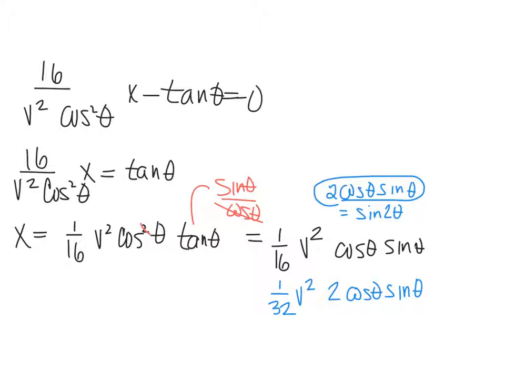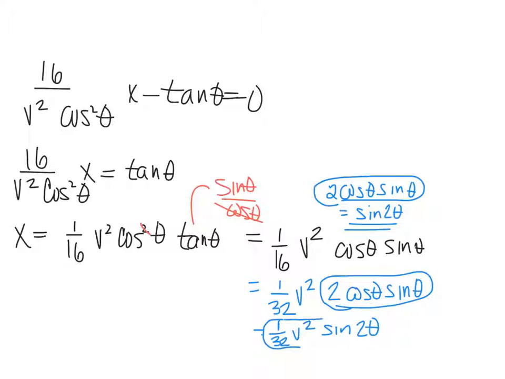It's a little magic, isn't it, to do that? This actually equals 1/32 v squared, and this item right here simplifies to sine 2 theta, using that double angle formula. So this right here is my solution I'm looking for. Whew, that's tough, isn't it?